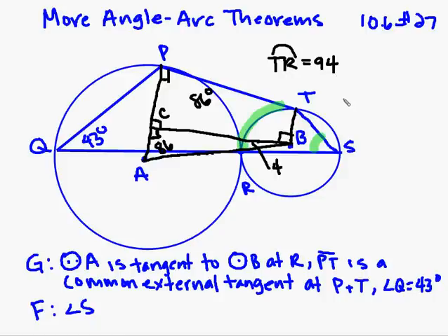Well, I know that the inscribed angle is going to be half of the intercepted arc TR. So let's say angle S is equal to 1/2 of arc TR, which means that angle S is going to be equal to 47 degrees.